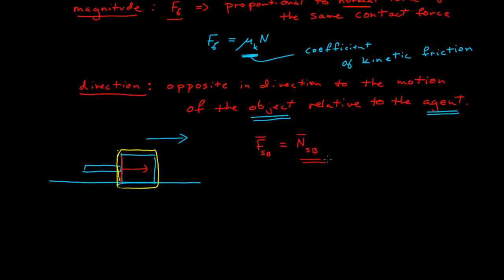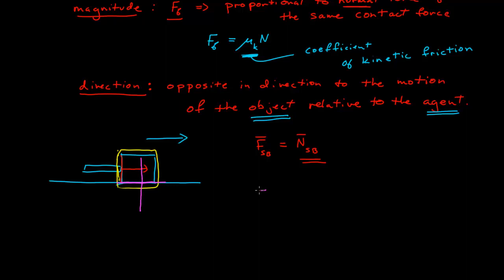All right, so what's happening now on the ground? What is the force of the ground on the block? So here's the surface of the block at the point of contact between the ground and the block. That's parallel, and then there's perpendicular.